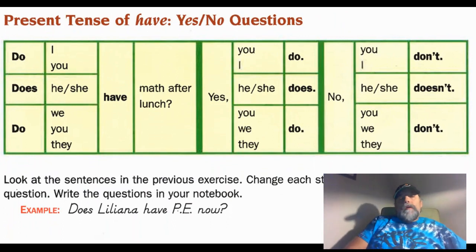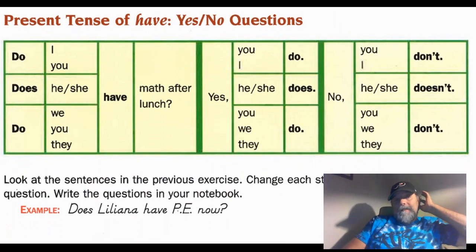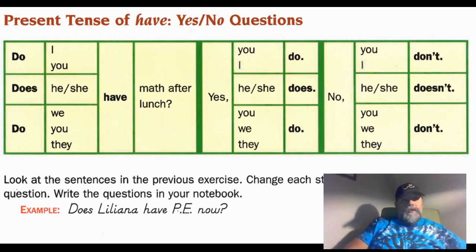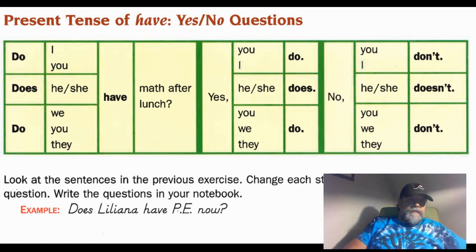Next, we're going to look at the present tense of have with yes and no questions. Instead of I do not have, I'm moving the do to the front and taking out the not. Do I have math after lunch? Do you have math after lunch?